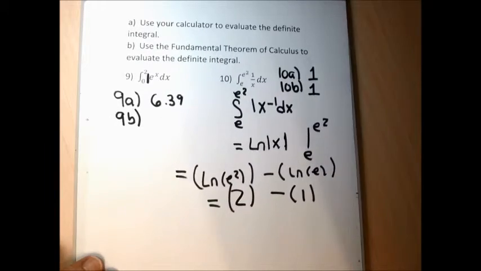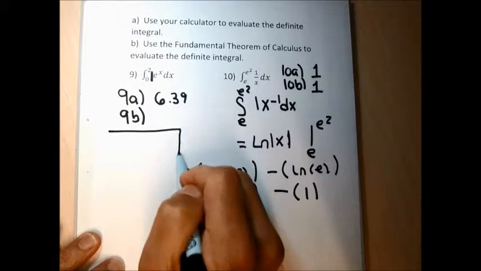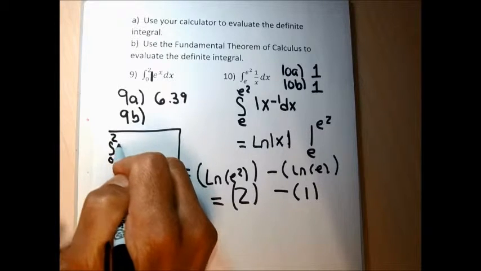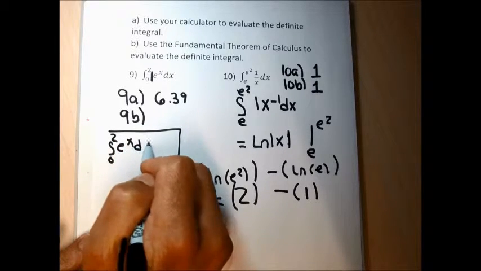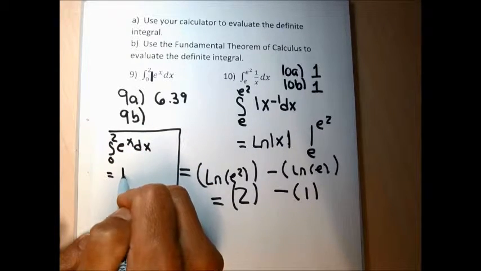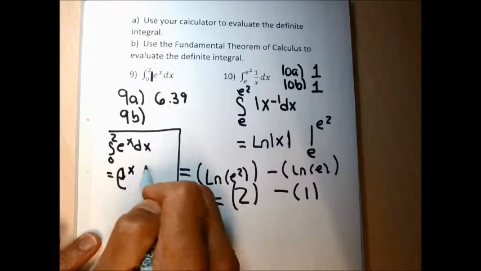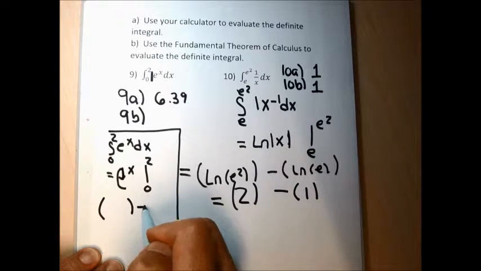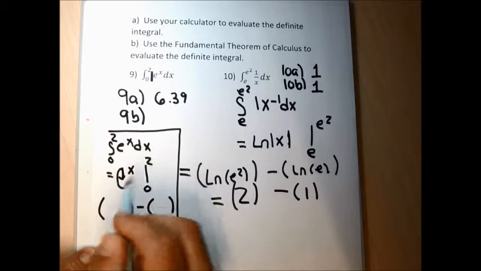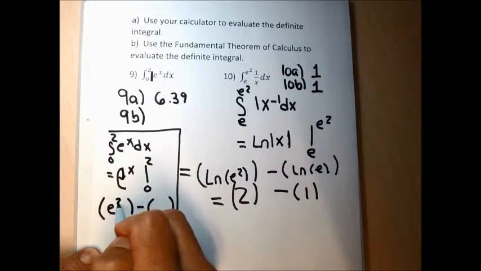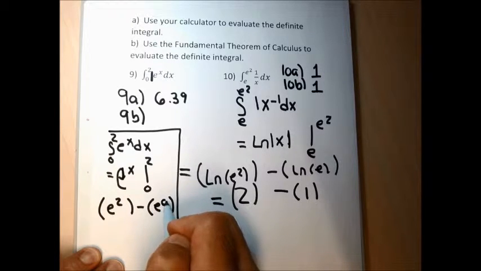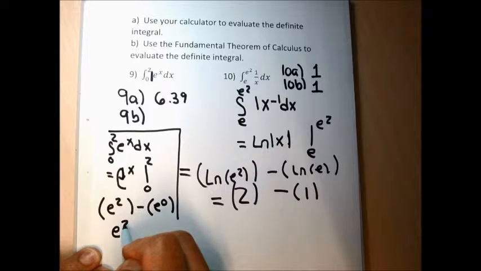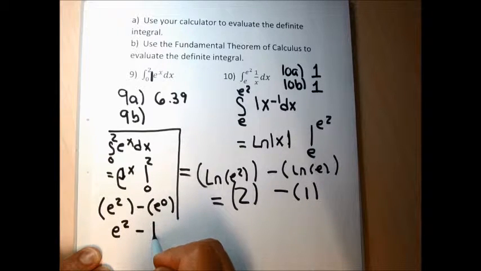So for your work for 9b, the integral of 0 to 2 of e to the x dx equals e to the x evaluated from 0 to 2. Make my 2 parentheses separated by a minus. The first parentheses I'm going to have an e squared. The second parentheses I'm going to have an e to the 0. E squared is just e squared. E to the 0 is equal to 1.